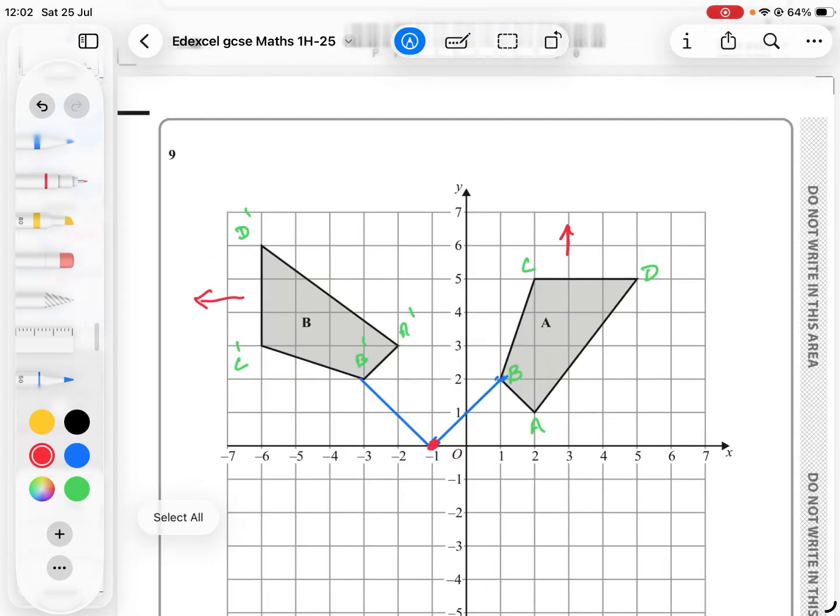Hi, I'm going to walk through question 9. It is a rotation.